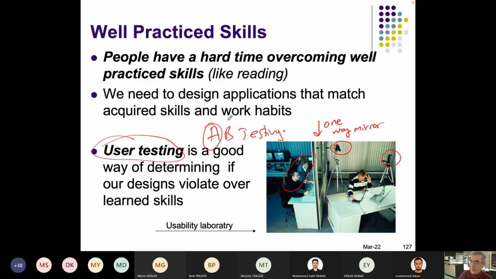Is it either A or B? So A is tested, B is tested, performance is measured. Which one is easier? Which one is more difficult? Which one is more powerful? That's what we call A/B testing. And there are other types of testing as well.